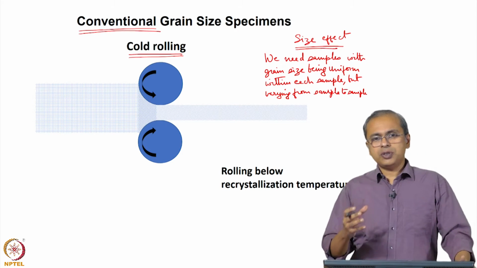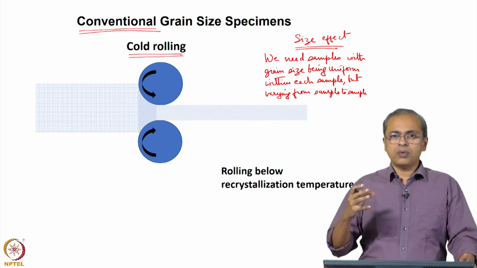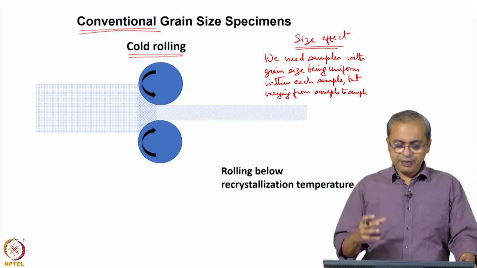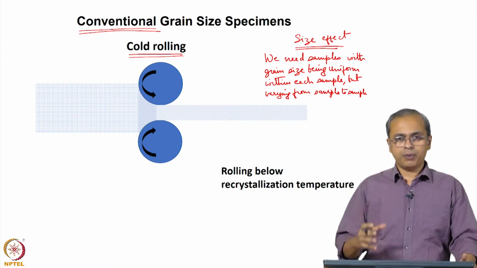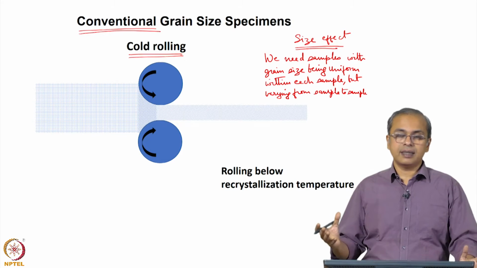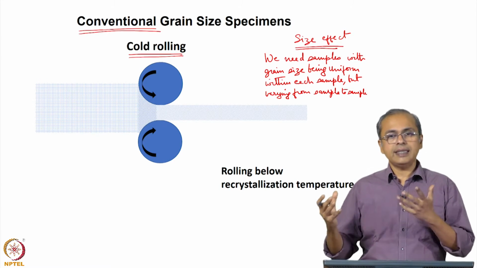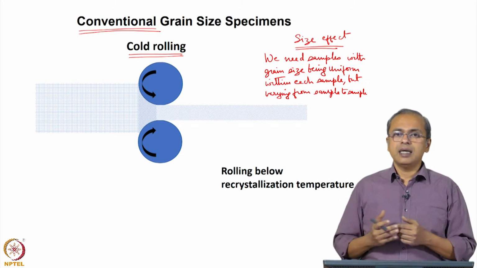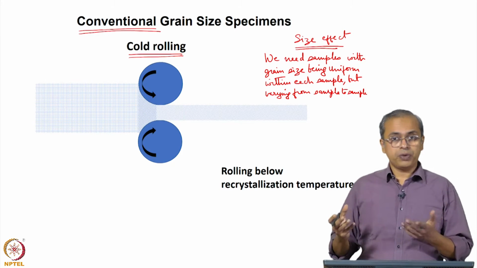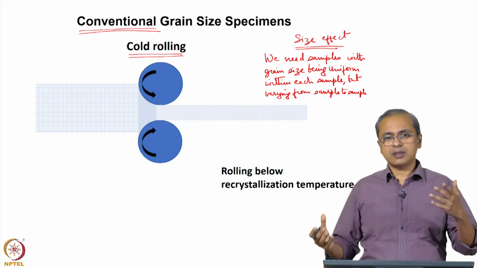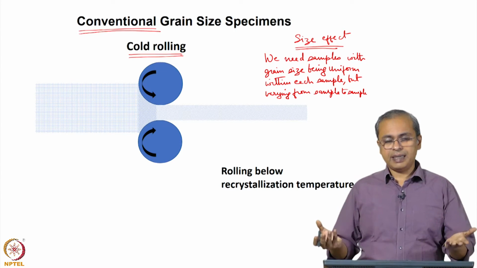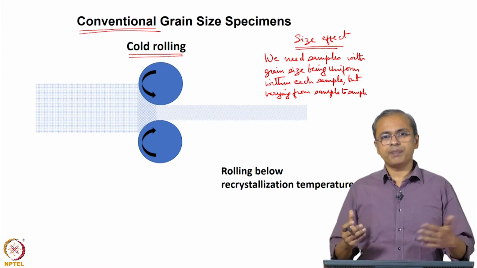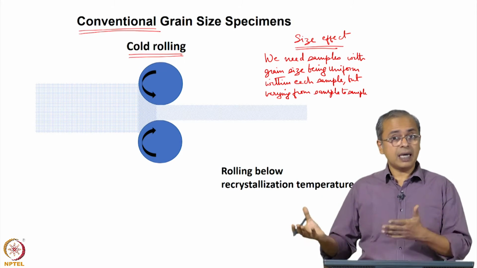So, rolling is actually a very conventional metal forming process that exists in the metallurgical studies, and it also is used extensively in the manufacturing industries, in automobile industries. So, if you go to any plant which is associated with providing sheets of metal, any metal in sheet form, and a lot of metals are provided in sheet form.